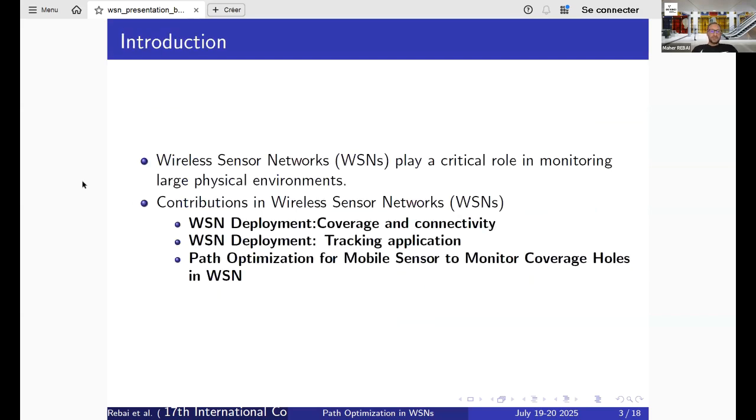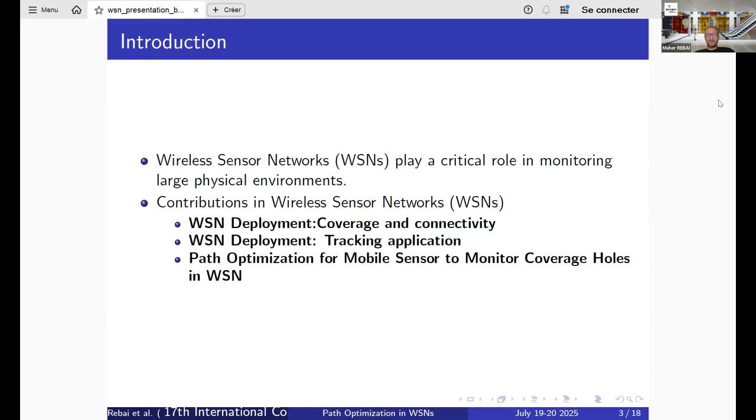As it is well known, today wireless sensor networks play a critical role in monitoring large physical environments. Personally, I have some contributions in this field, essentially related to wireless sensor deployment to achieve coverage and connectivity and tracking application.